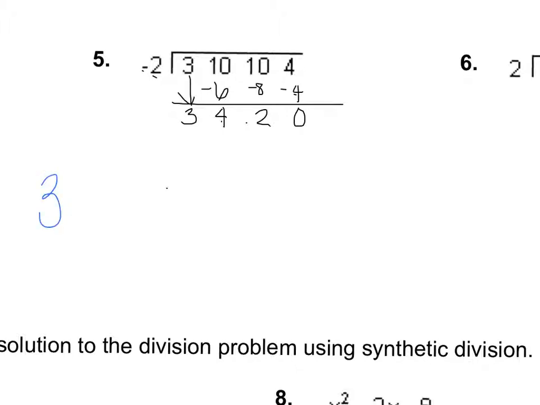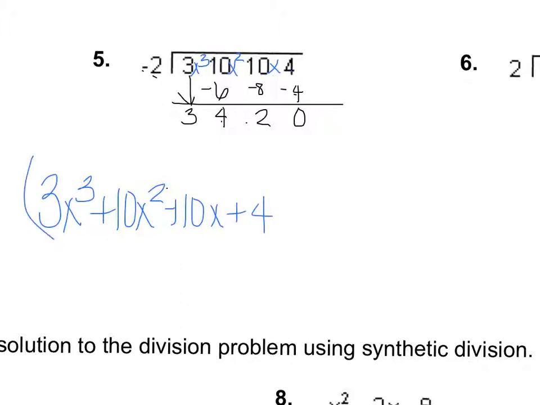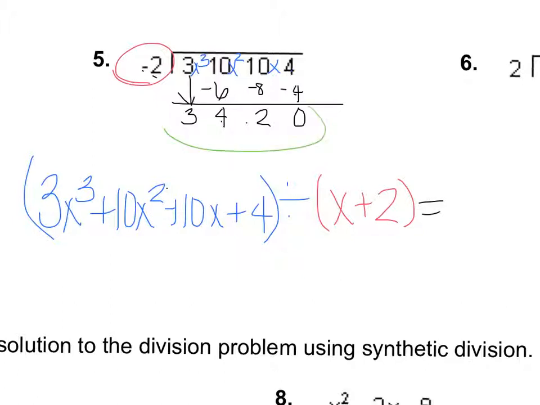Okay, let's go back and add our x's in. There would be no x's, x, x squared, and x cubed. So it'd be 3x cubed plus 10x squared plus 10x plus 4 divided by, this gives us our next part, and it's the opposite, so it'll be x plus 2 equals, and the last part comes from this.